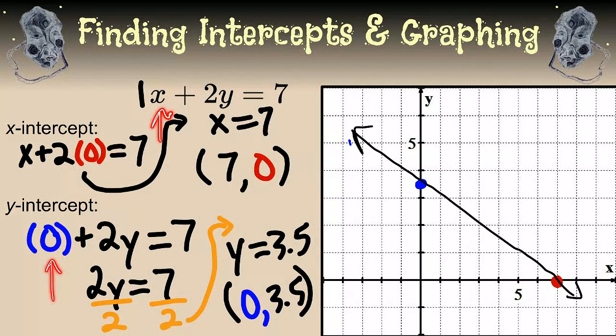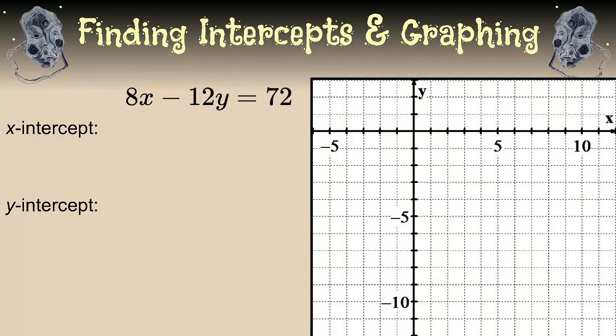Come on, be brave, somebody. Plug 0 in for x, and then solve for y. All right, here's another one. I'm going to pause the video right here, and if you're at home, you should pause it and give this a try.